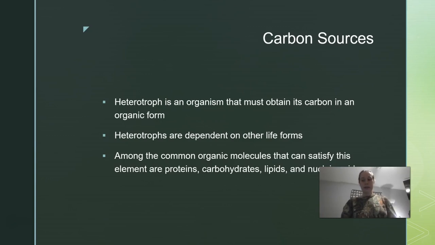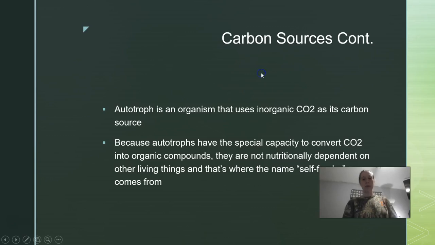These microbes obtain living organic compounds from other living or dead organisms. Most bacteria, fungi, and protozoa fall into this category. Heterotrophs are dependent on other life forms versus autotrophs that are not. And among the common organic molecules that can satisfy this element are proteins, carbohydrates, lipids, and nucleic acids.